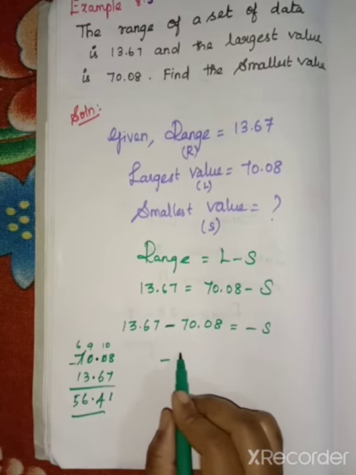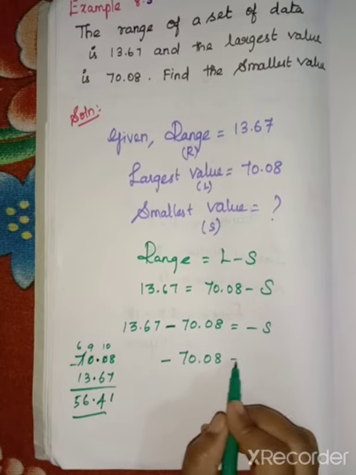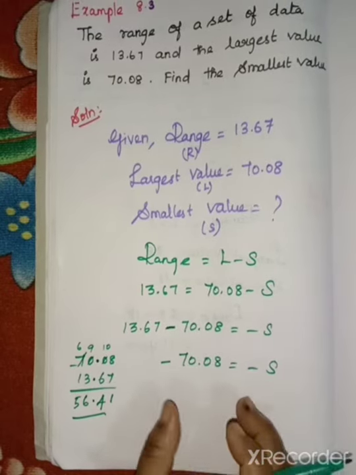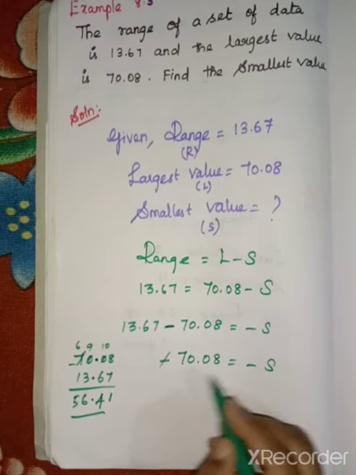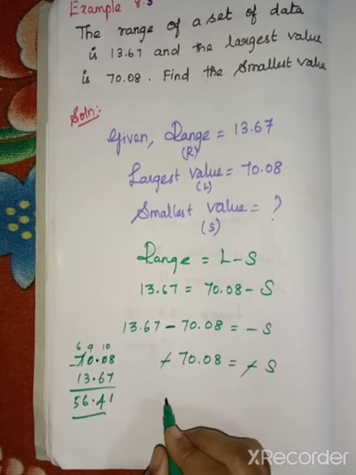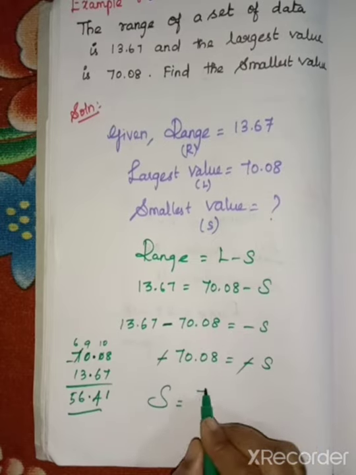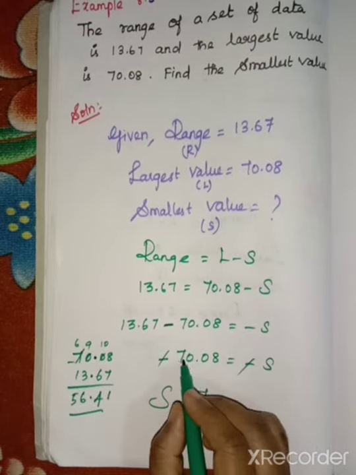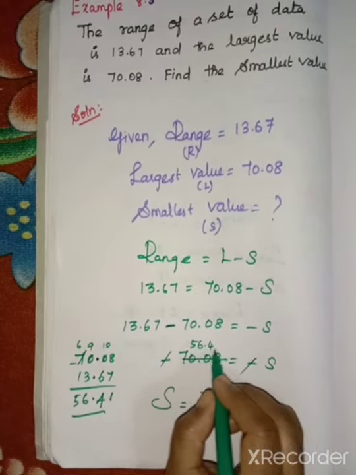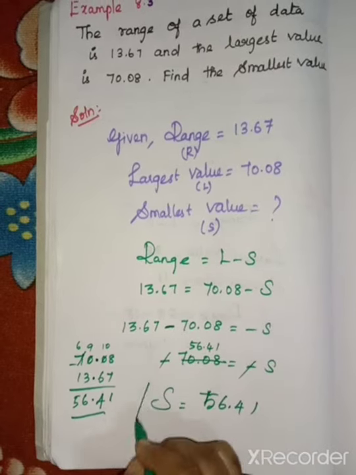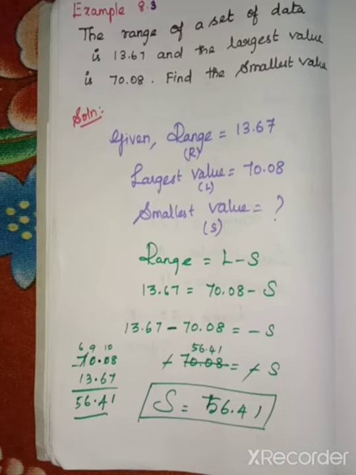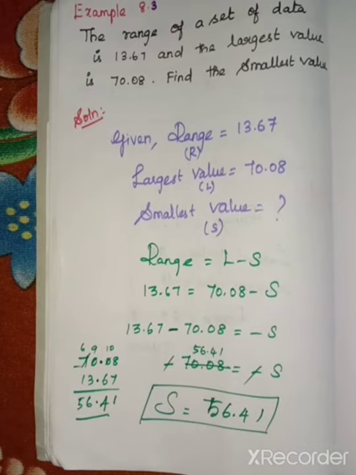So minus 70.08 equals minus. Both sides have a negative sign, so cancel the negative sign. So the smallest value S equals 56.41. That is the correct answer for the smallest value.